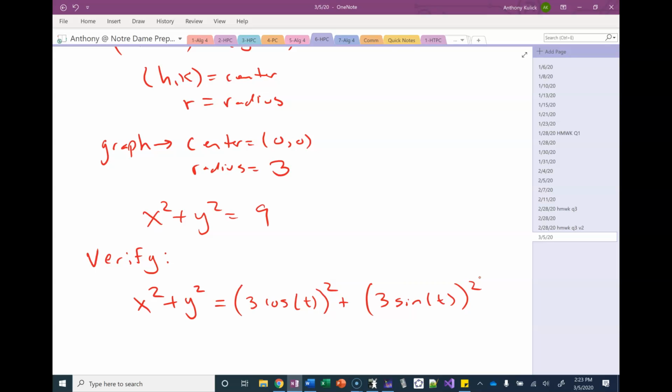Because I know x is equal to 3 cosine t, and I know y is equal to 3 sine t. So I'm just verifying to see if the equation that I wrote above is correct. So (3 cosine t) squared is 9 cosine squared t, and (3 sine t) squared is 9 sine squared t. Everybody agree with that?